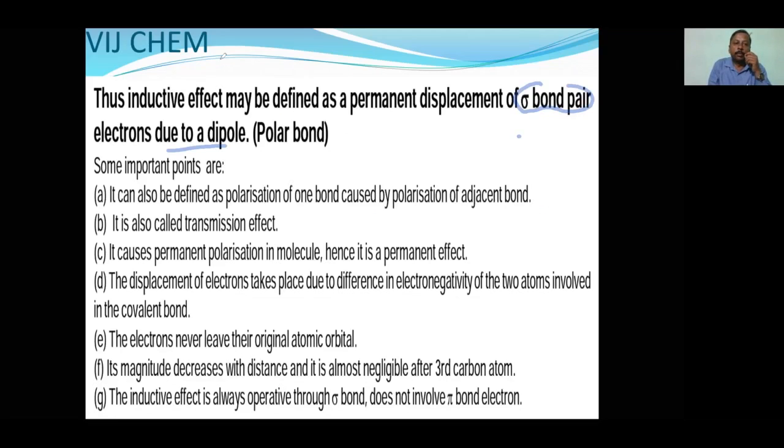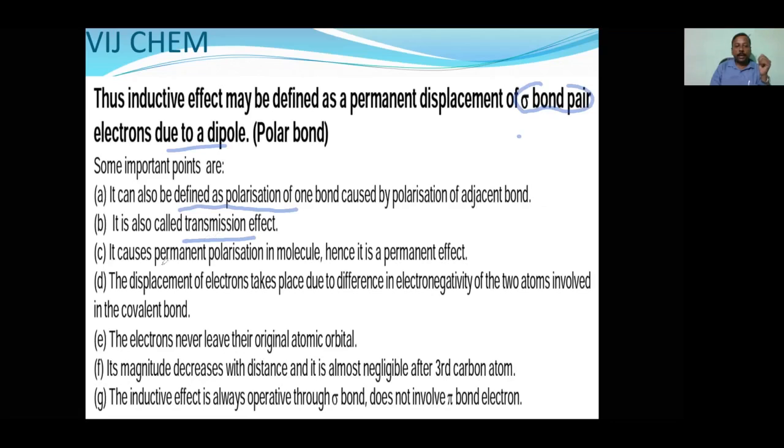Some direct points I am going to tell you now, which will be directly reflected in the objectives. First, inductive effect is due to polarization. That's why it is also called a polarization effect, and it is also called transmission. We are making the electrons move, transfer.